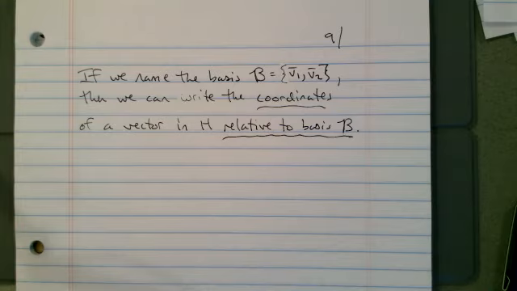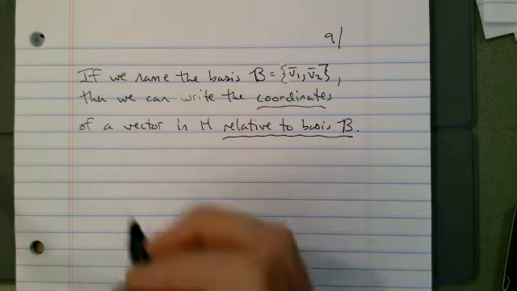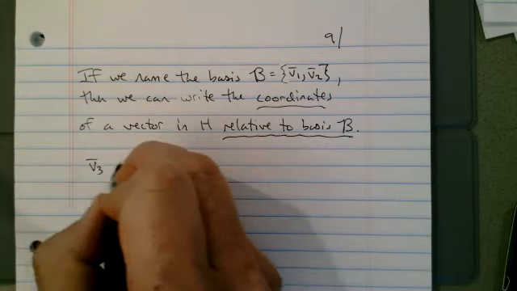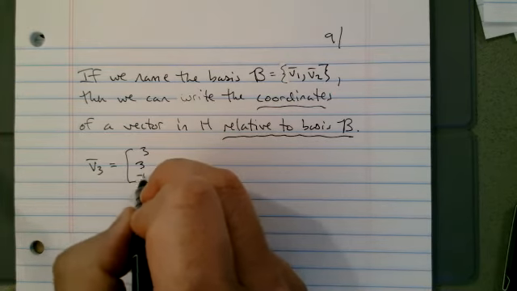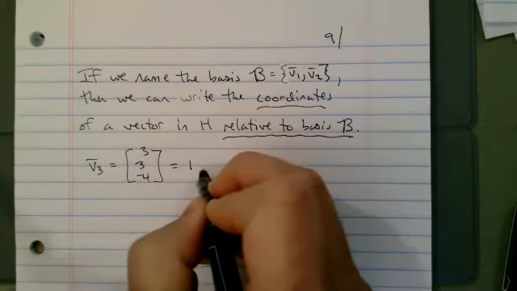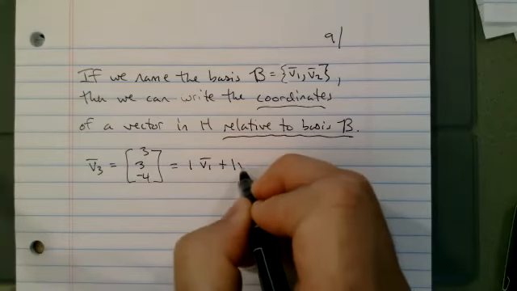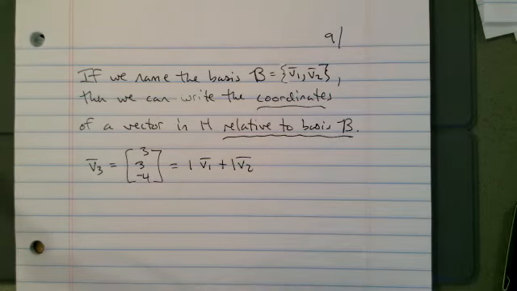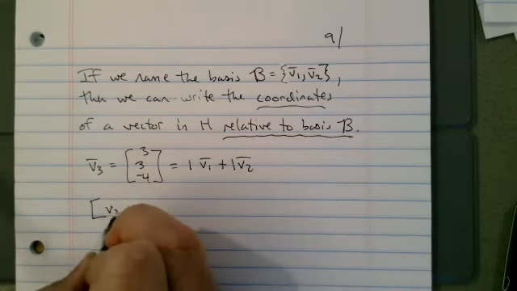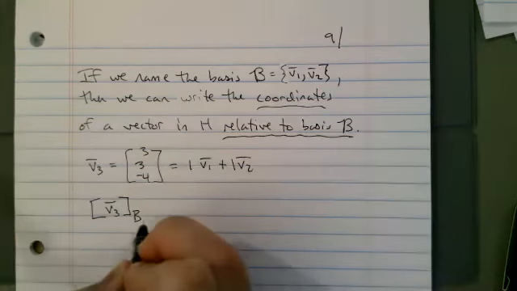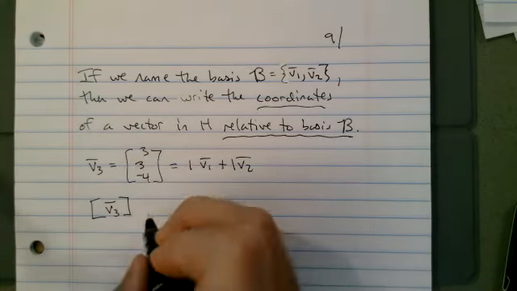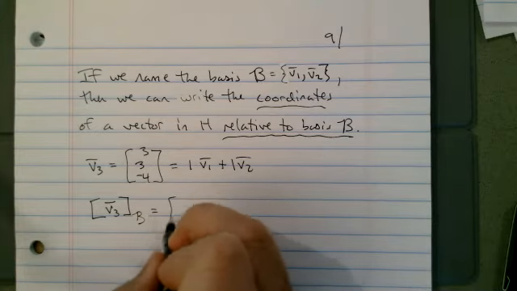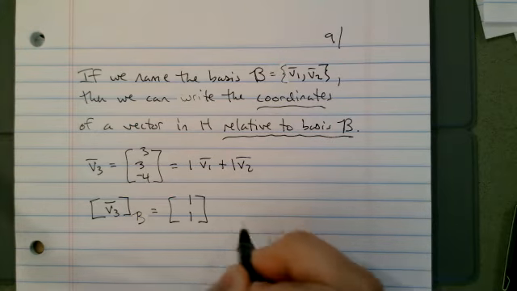I know you're all thinking, do we have notation for this thing? And of course we have notation for this thing. So vector v3, if you recall, was 3, 3, negative 4, and it was 1 times v1 plus 1 times v2. So we would say that the coordinates of v3 relative to the basis B are 1, 1.